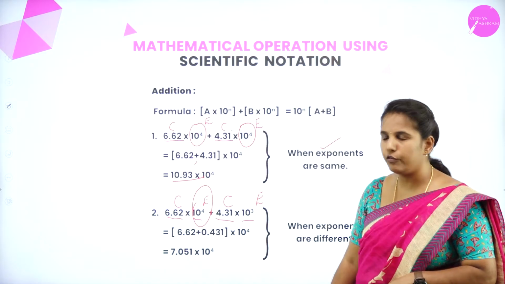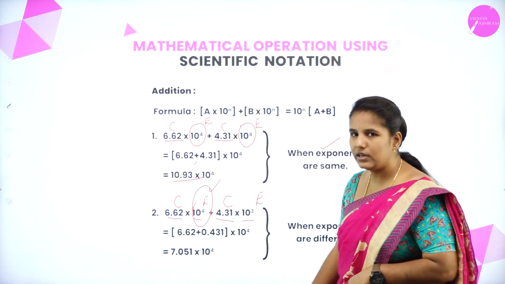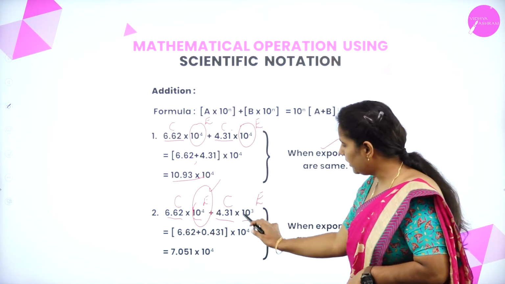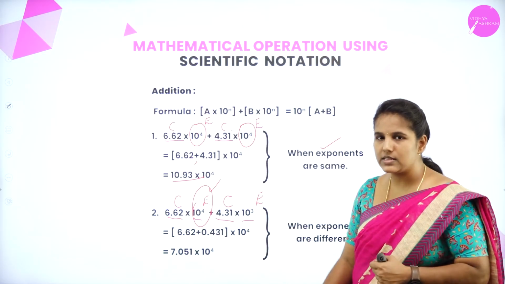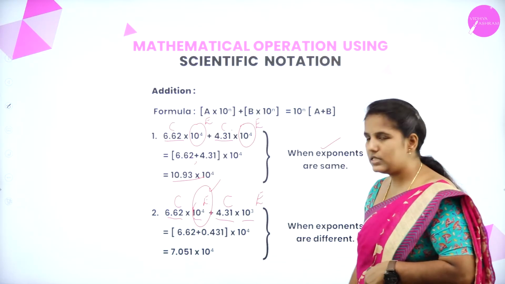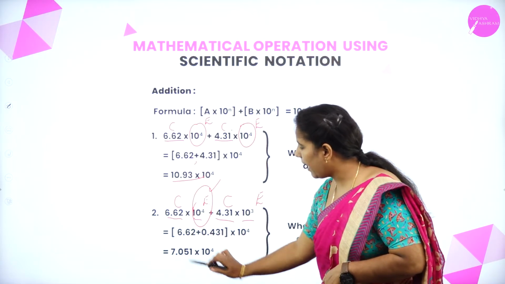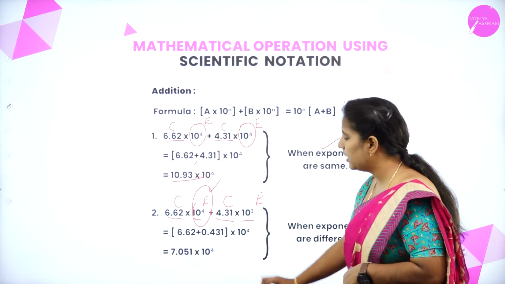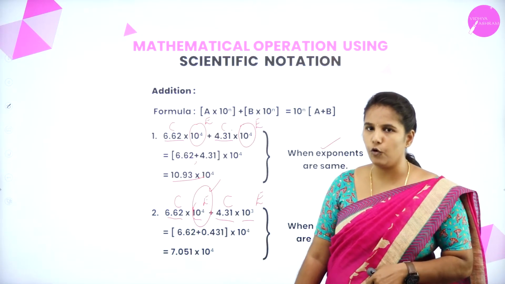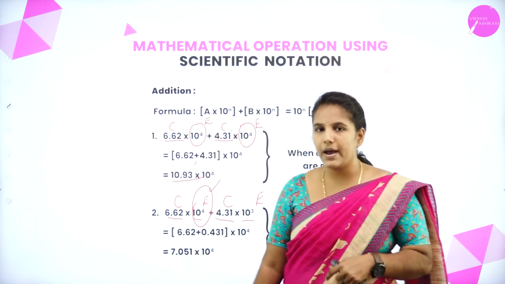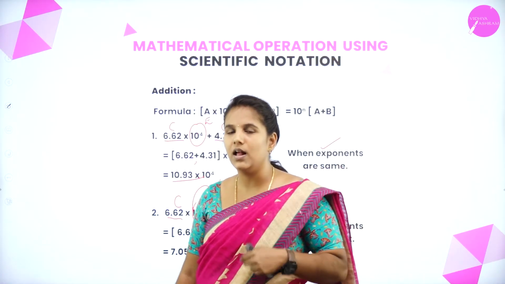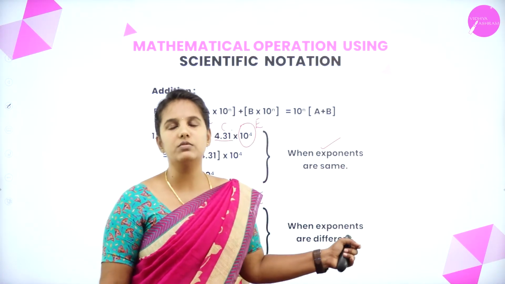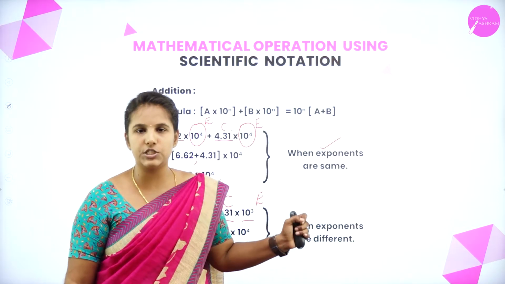Why is it 10 to the power of 4? Here we have already written 10 to the power of 4, and the other exponent is also made 10 to the power of 4, so it is common. Now if you add these coefficients, it will become 7.051 into 10 to the power of 4. This is how we can easily add any two numbers by using scientific notation.